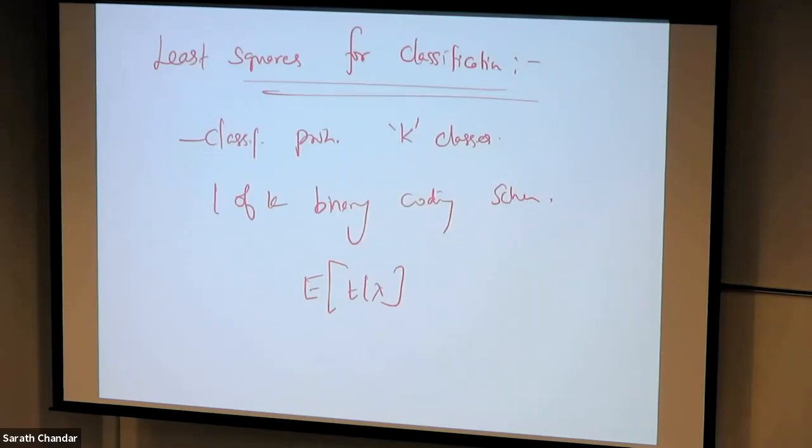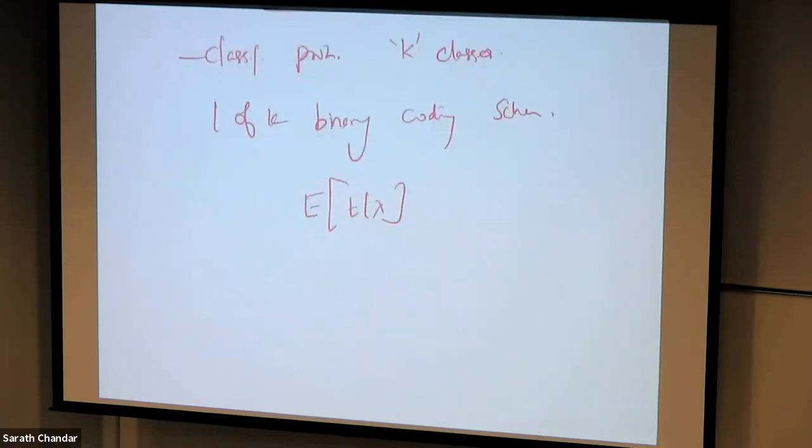Now, the 1-of-k encoding, for example 1 0 0 0 0, is also trying to model probability of Ck given x. That is the probabilistic interpretation of 1-of-k. So in that sense, it makes sense to use least squares. Least squares is trying to model E of t given x, and 1-of-k encoding is also trying to model probability of Ck given x. So they are both the same, and it is a good idea to use least squares.